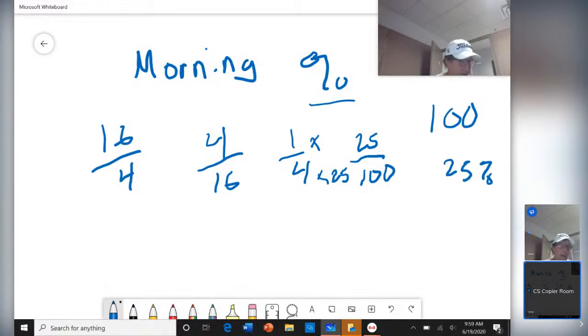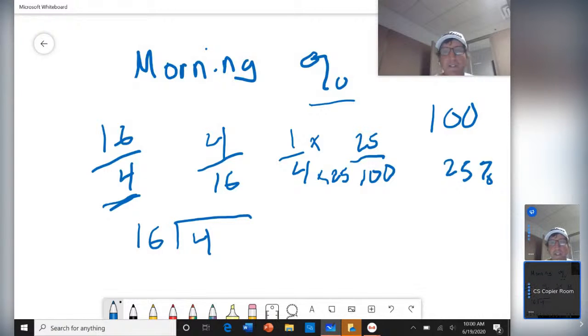Another way you could do it, we could go back to the original 16 over 4 and divide 16 into 4. We know 16 is bigger than 4, so we put a decimal and some zeros. 16 goes into 40 2 times.